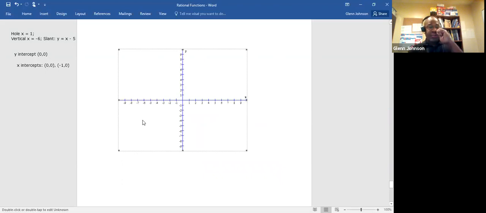I'm going to adjust the graph somewhat because things are going to fall outside the borders a little bit. All right, so we have the hole at x equal 1. Right now, we don't worry about the hole to begin with. We have a vertical asymptote at x equal -6. So we'll put the light colored vertical asymptote there.